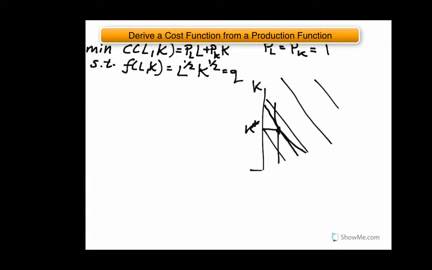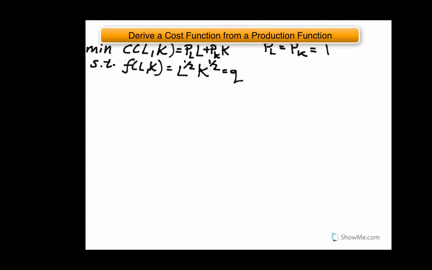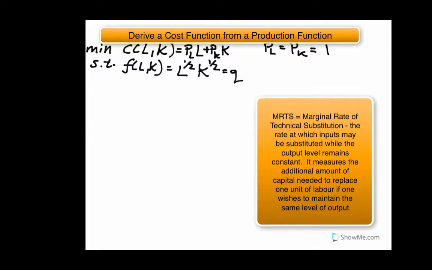Okay, so the way we do this is, remember, we found that tangency there. So we're going to set the slope of the isoquant equal to the slope of the isocost function. Remember, the slope of this isoquant is called the marginal rate of technical substitution, and that's actually given by the derivative of our production function with respect to labor divided by the derivative of our production function with respect to capital.